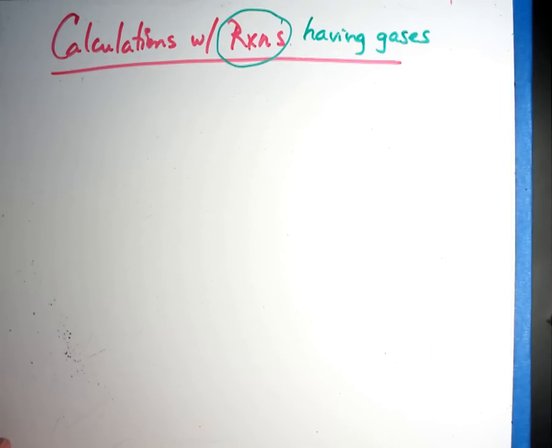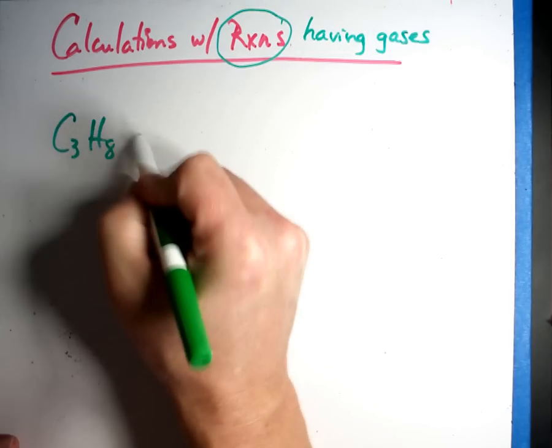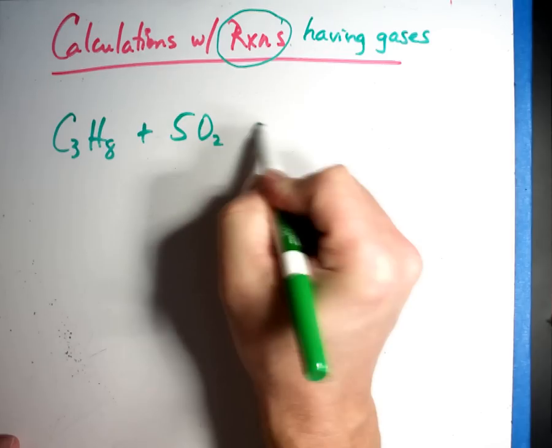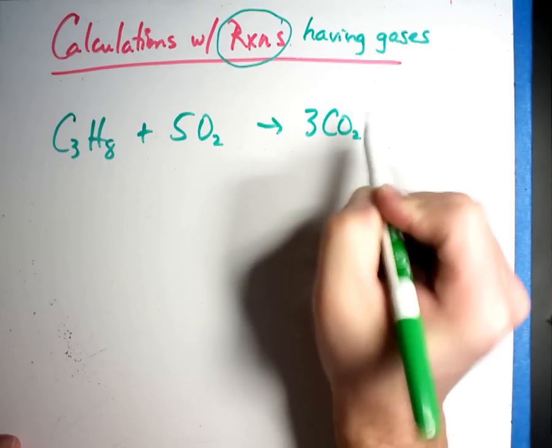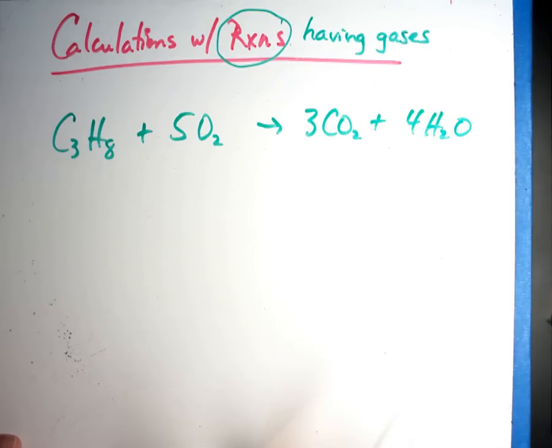Let's say you have a reaction like this. C3H8 plus 5O2 yields 3 CO2 and 4 water. Now I'm going to go ahead and give you the important information.